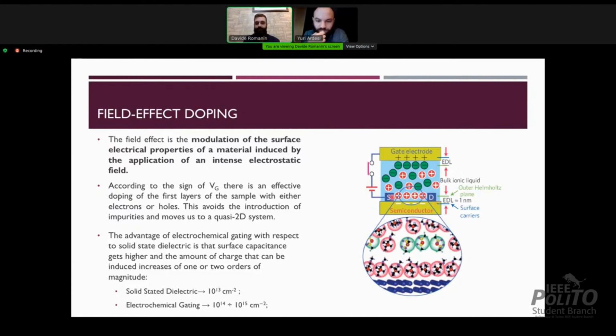So you also add a source and a drain. You apply a voltage along the source and drain contacts, so you are probing just the induced charge density at the surface, and you can study the conduction properties of this 2D electron gas.